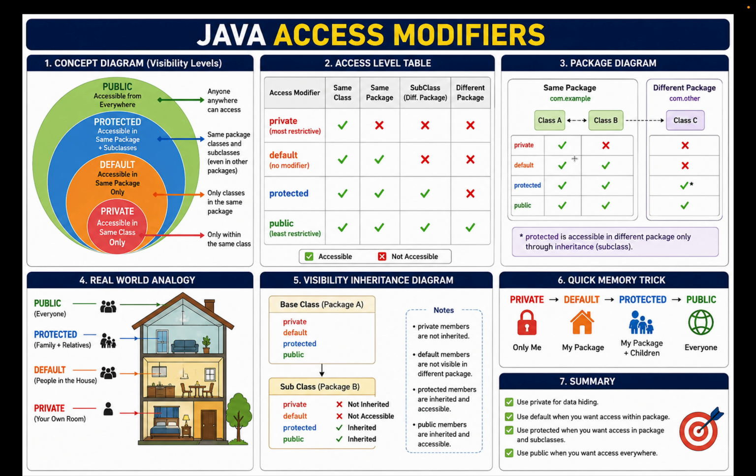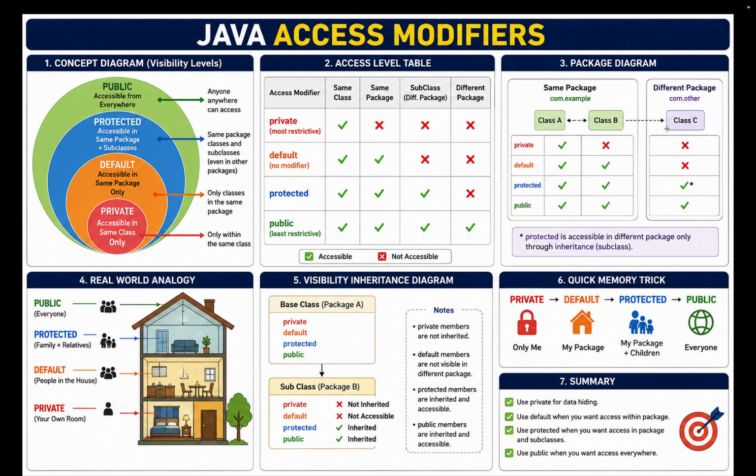Here is another example you can understand in a pictorial way. Suppose we have a class A and some properties are private. Within class A you can use them, but in class B you cannot.